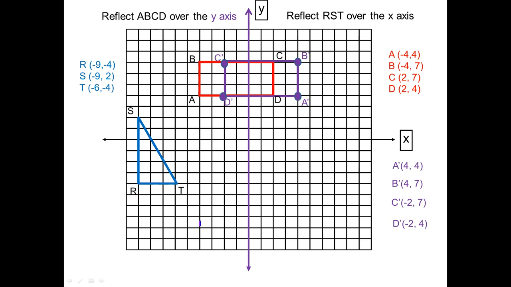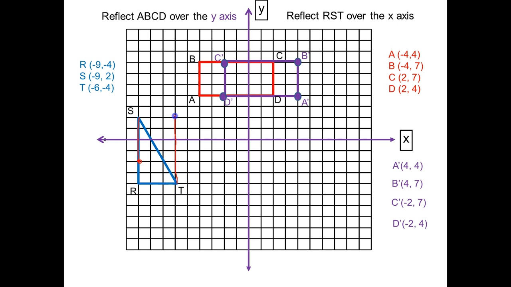So now we're going to reflect RST. We're going to reflect it over the y-axis. So we're going to highlight the y-axis to make sure that we know what we're reflecting over. And then we're going to do the same thing we have been doing. We're simply going to take whatever point we start with, doesn't really matter. There's my new S. My new T is 1, 2, 3, 4.